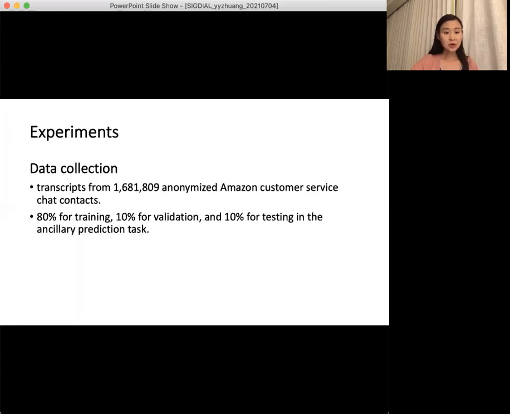To evaluate the model performance, we set up experiments for the use case of Amazon customer service dialogues. We collected transcripts between customers and agents from over 1.6 million customer service chat contacts. We split the data set into approximately 80% for training, 10% for validation, and 10% for testing for the prediction task.